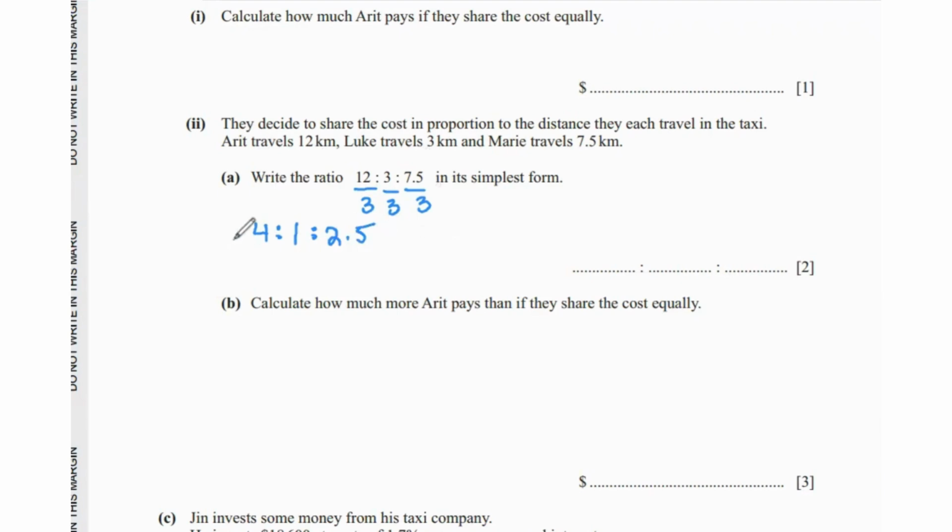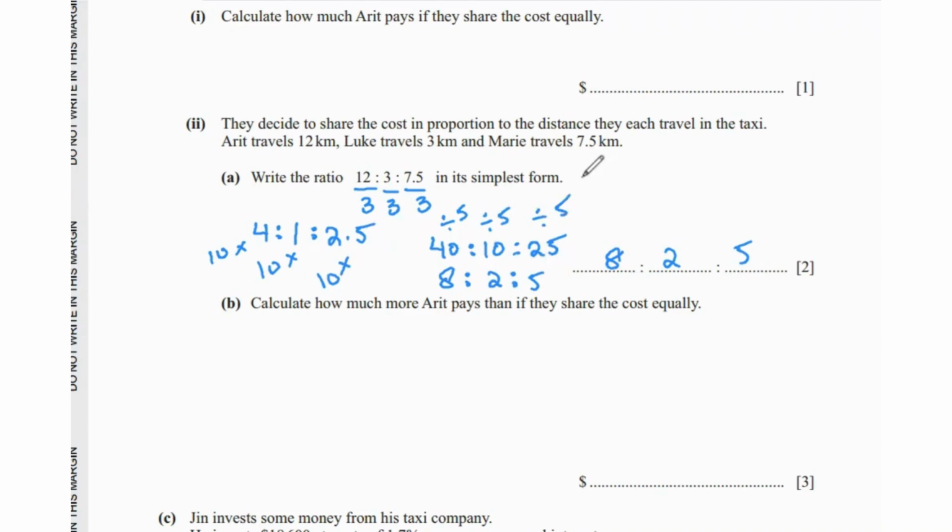Now to get rid of decimal, we can times all of these by 10. So that's 40:10:25, which can be simplified by dividing by 5, and that gives 8:2:5. That is our final answer.